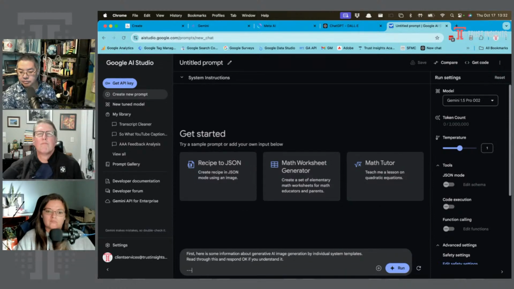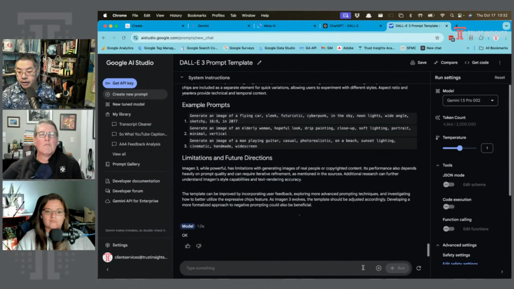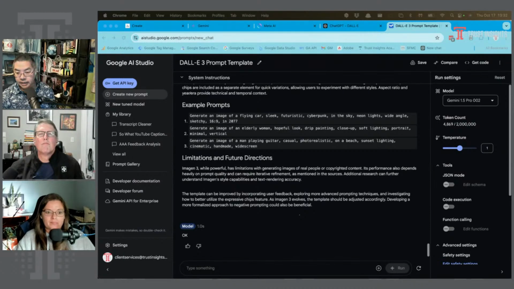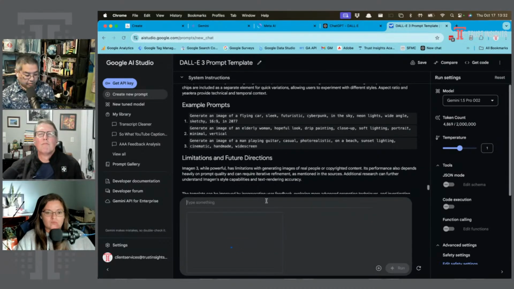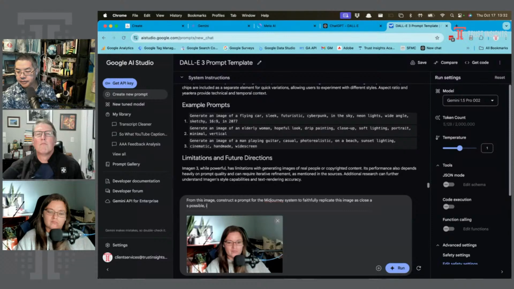And we put in our data, and it should just say okay. Now, to what you were saying earlier, Katie, we can take this image and say, from this image, construct a prompt for the Midjourney system to faithfully replicate this image as close as possible in the Midjourney template.